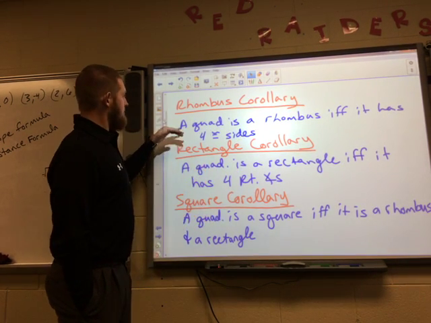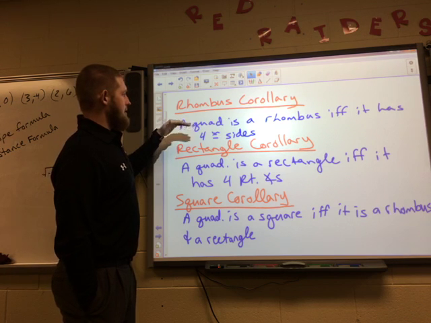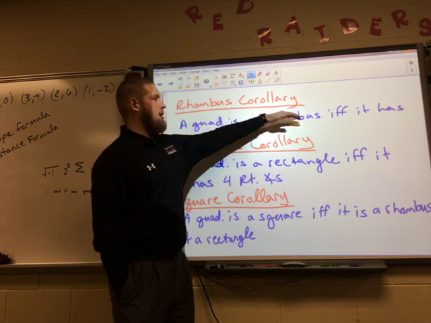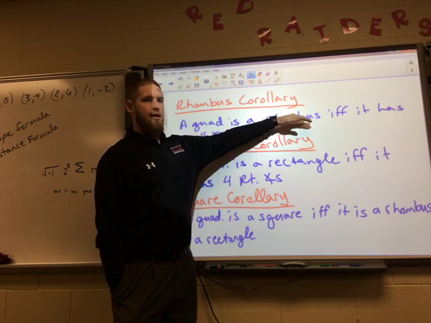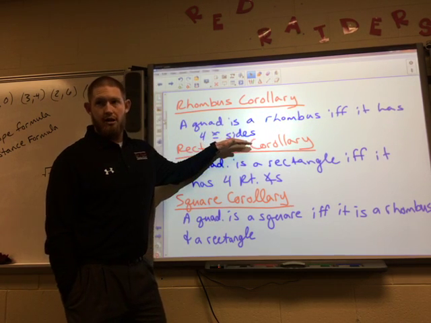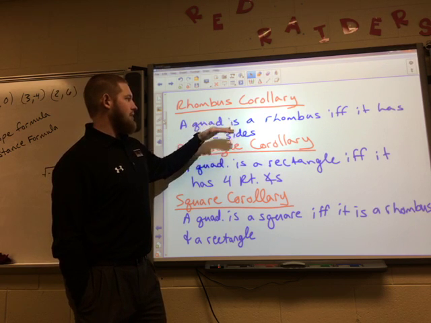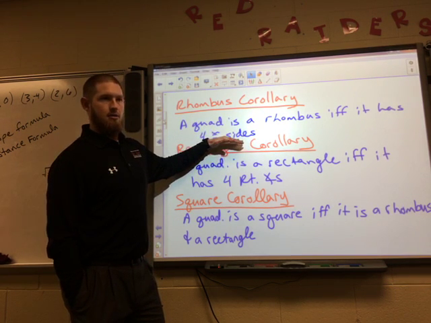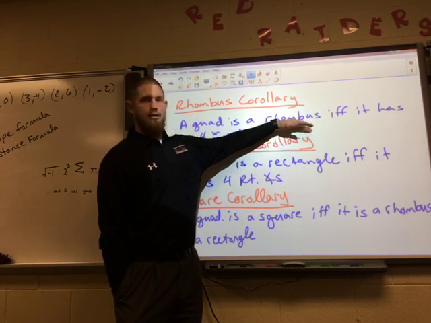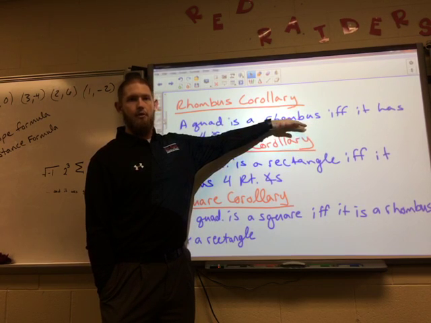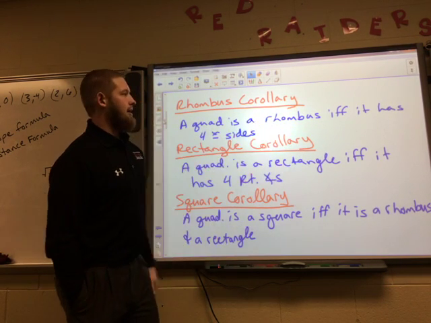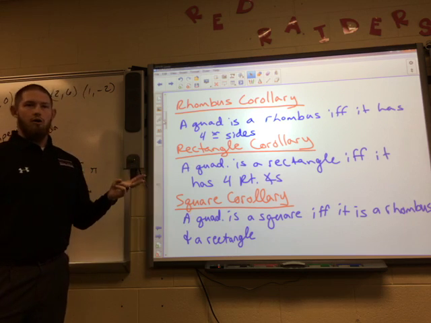So that means that if a quadrilateral is a rhombus, then it has four congruent sides. Or, if a quadrilateral has four congruent sides, then it is a rhombus. We have to understand that either way works.